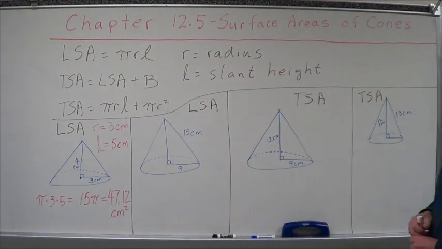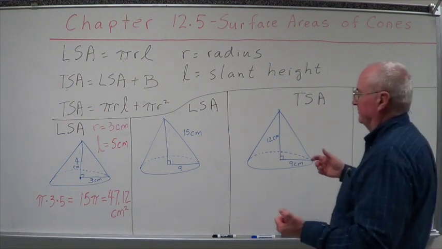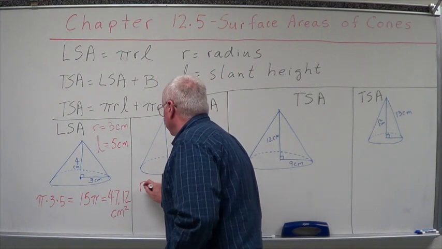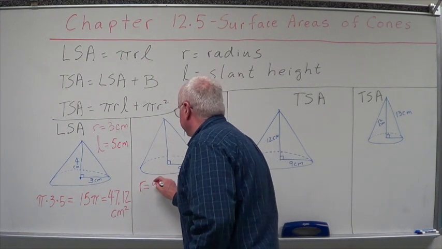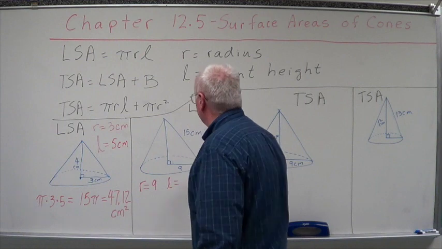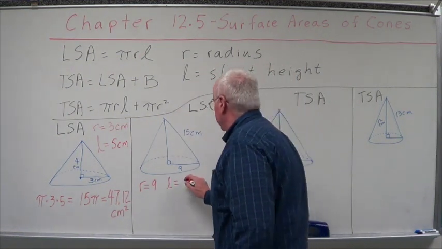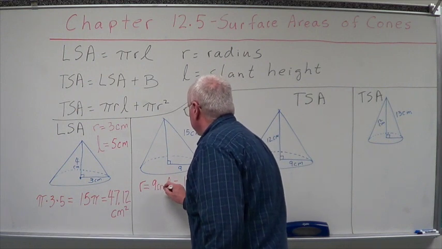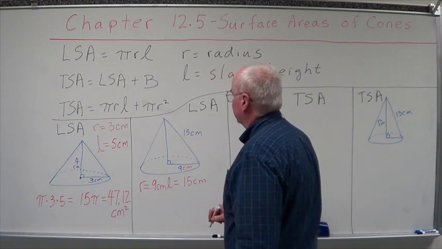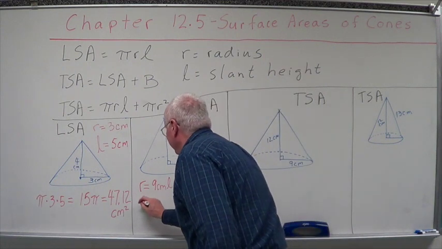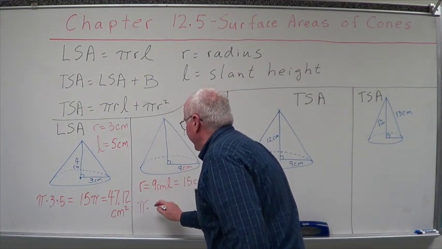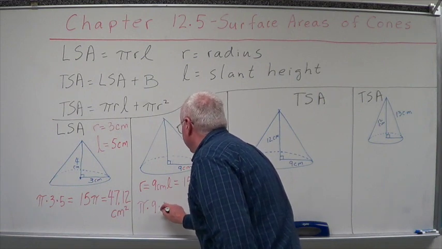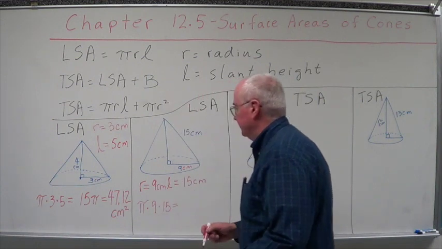Alright? Now let's look at this one. What do we need to know? We need to know the radius. Well, do we know the radius? Yeah, it's 9. We need to know L. Do we know it? Yeah, it's 15. Okay? So we're home free on this one, aren't we? So, lateral surface area is simply pi times the radius, 9, times the slant height, 15, equals.